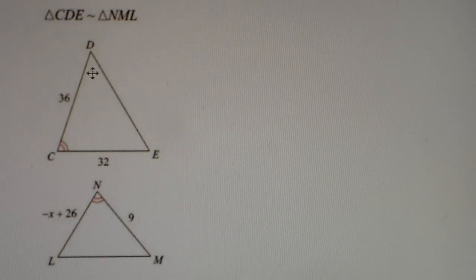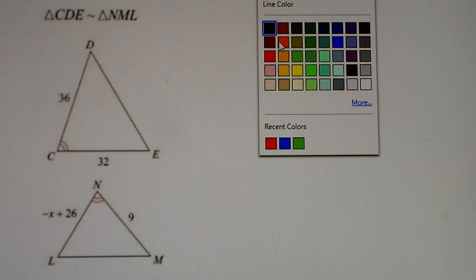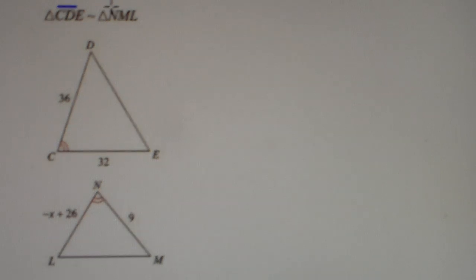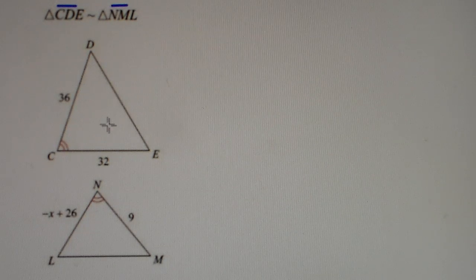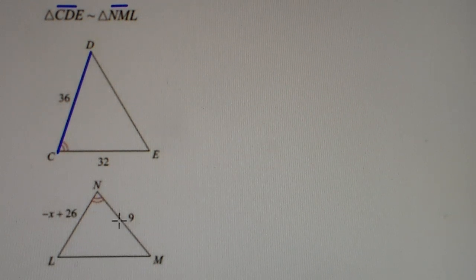Let's move on to the next little problem here. They tell us once again that triangle CDE is similar to triangle NML. So let's match up the colors so it's nice and pretty. CD matches up with NM. So now we know those two sides go together.